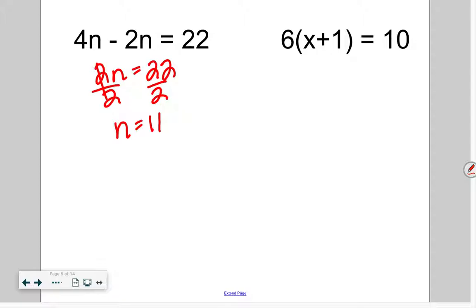Over here, 6 times the quantity x plus 1. We have no fractions or decimals to clear, but we need to do the distributive property to get rid of these parentheses. What is 6 times x? And what's 6 times positive 1?